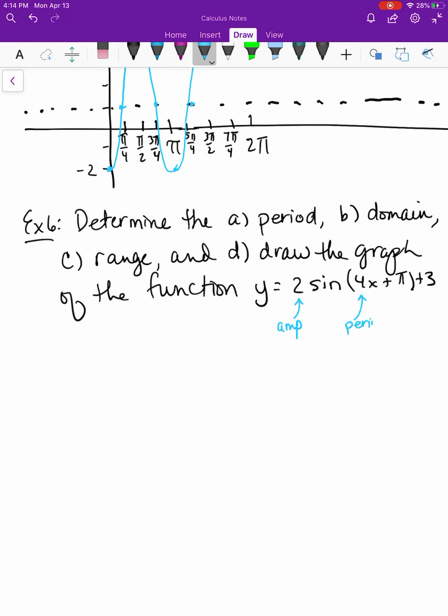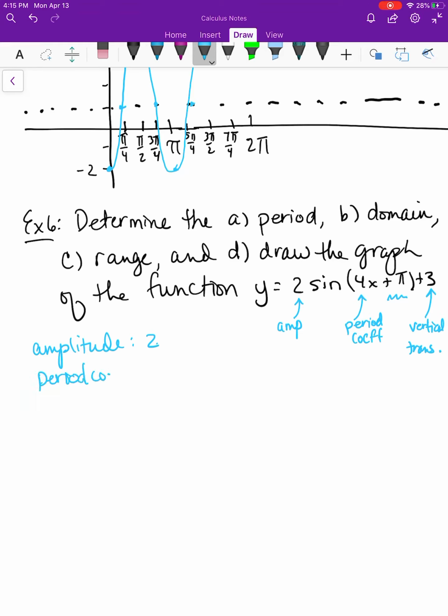Okay, again, you can stop right now and take a break to write this down, or you can keep going. So I don't know my phase shift yet, but everything else is going to be the same. There's my vertical translation.